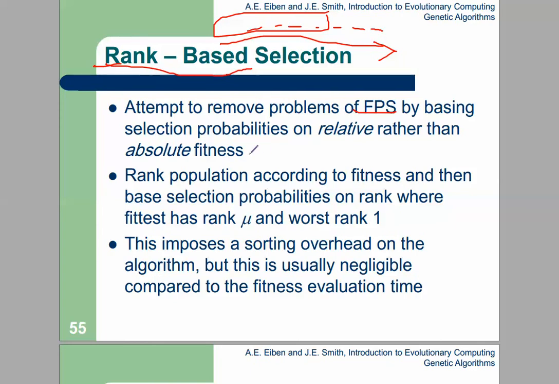The higher the fitness, the more chance of selection. If you have mu individuals, you can sort them from 1 to mu, and select some of them for the next generation.